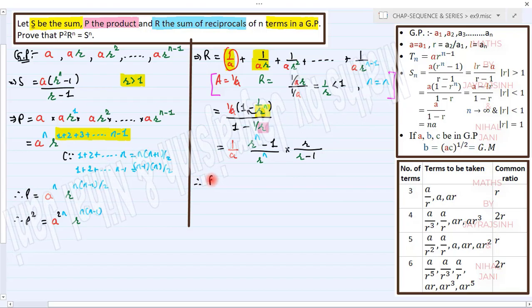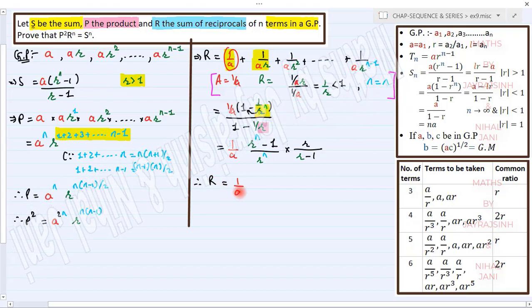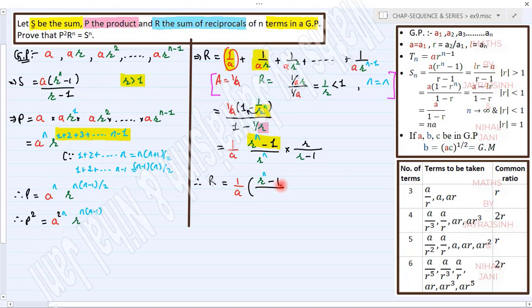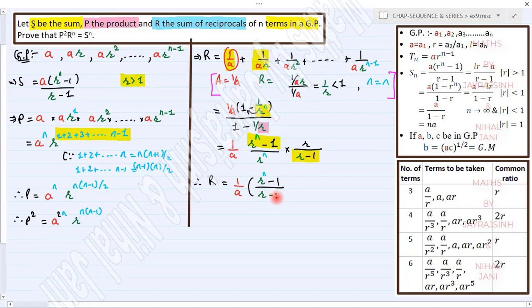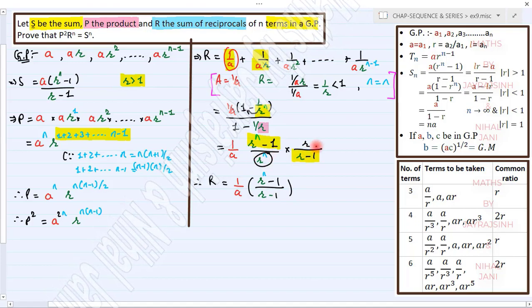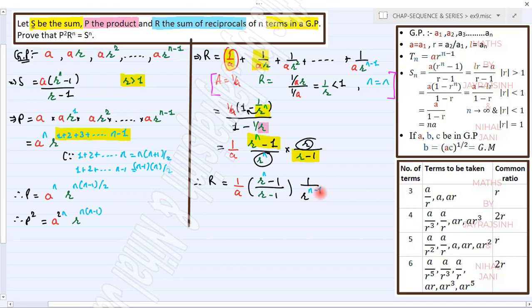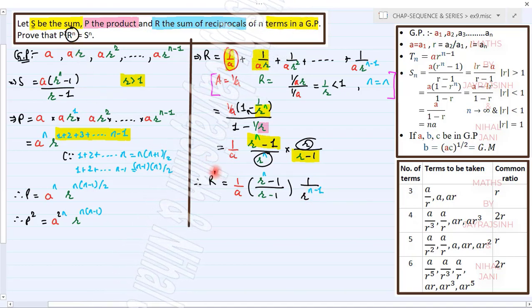So we can say your R must be 1 upon a, this r raised to n minus 1 upon r minus 1, and r raised to n and r will become 1 upon r raised to n minus 1. But as you can see, we need r raised to n. So let's take n power on both sides.